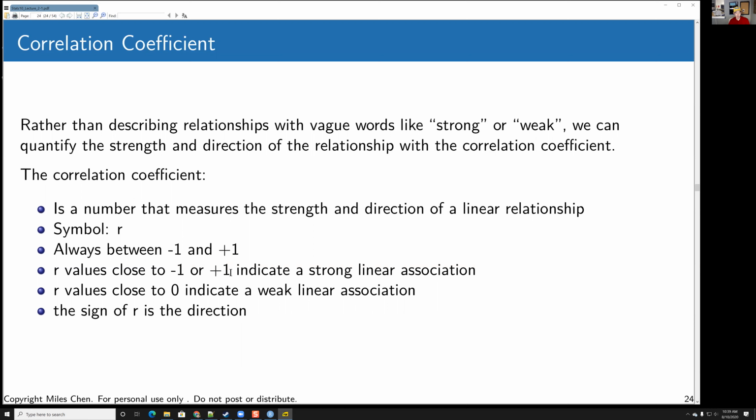If R is close to 0, that indicates a weak linear association, assuming the relationship is linear. And the sign of R is the direction. If R is positive, the direction of the relationship is positive. If R is negative, the direction is negative.